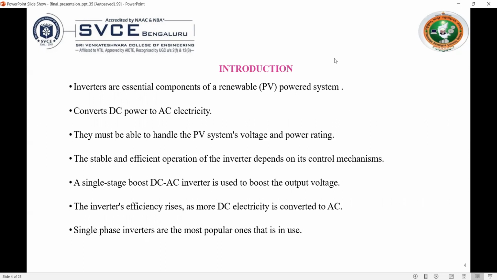Coming to the introduction, as energy can be harnessed directly from the sun, solar energy is one of the promising renewable resources used to produce electricity. The power generation of a solar power system constantly varies in accordance with weather conditions. Hence, the inverter plays a crucial role.